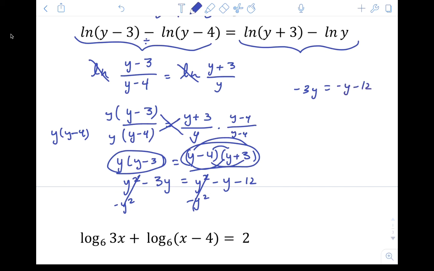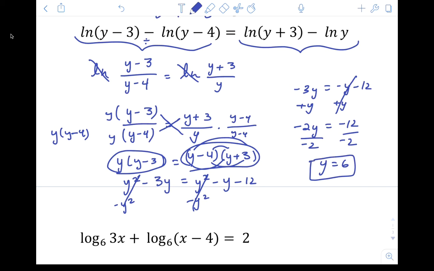Well, I don't have to factor anymore. I can SADMAP because I just lost my y squared. And that ends up being negative 2y equals negative 12. So y equals positive 6. I only got one answer. That's fine. It's not a big deal with that.